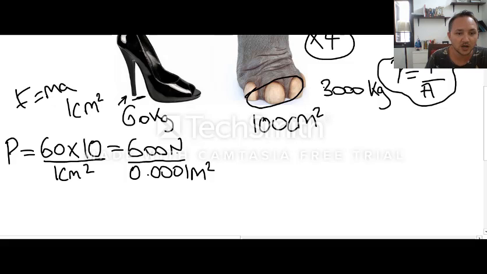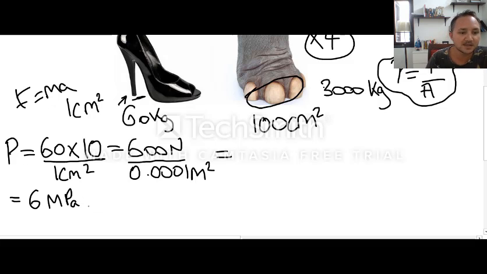So we've got our newtons over meters squared, which is the same as pascals, and we put that in the calculator. So 600 divided by 0.0001, and we should get 6 million pascals. So it should equal 6 mega or million pascals.